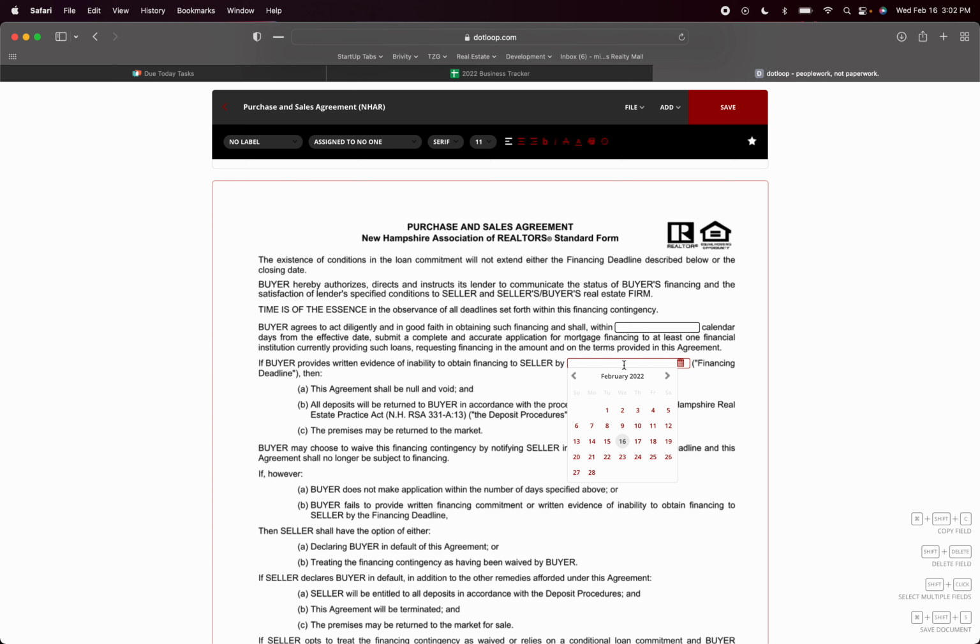So if something is going to go wrong with the financing, the lender needs to provide that information in writing prior to this deadline. Once this deadline passes, the buyer is no longer protected if something happens with their financing.